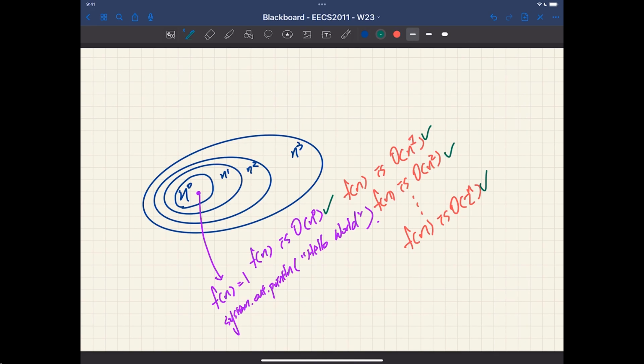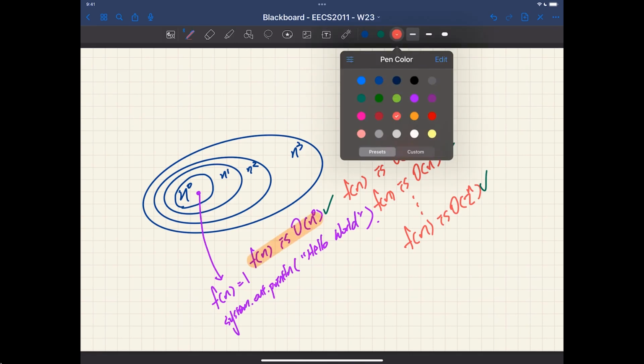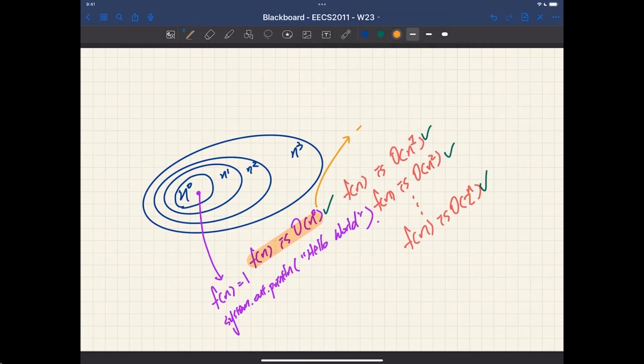You want to find the lowest upper bound that's actually valid, which will be this one here. This one here is what we call the most accurate upper bound. That's correct.